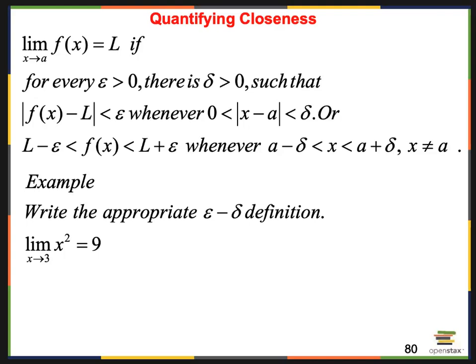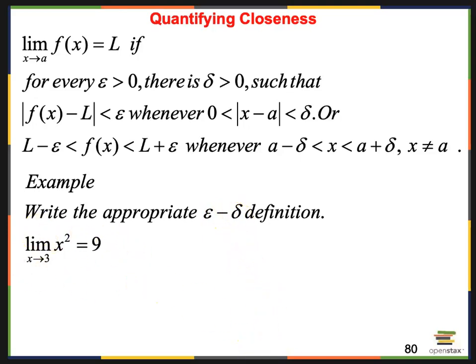Or, and again, we can look at our function value, and we'll look at some visual representations of these, and that might help as well. So the function value f of x is greater than L minus epsilon and less than L plus epsilon whenever x is greater than a minus delta and less than a plus delta. x cannot equal a.